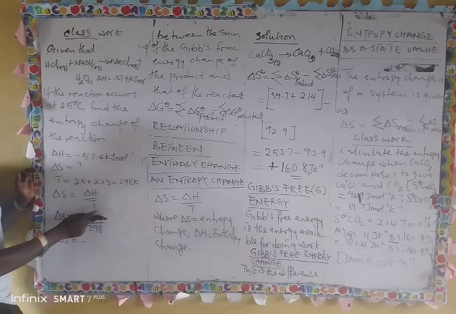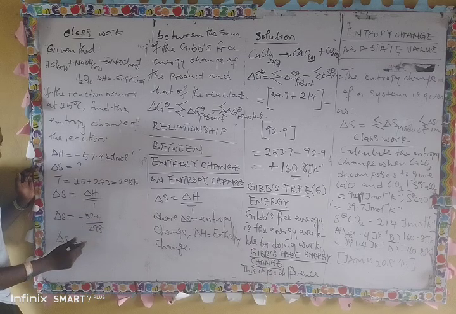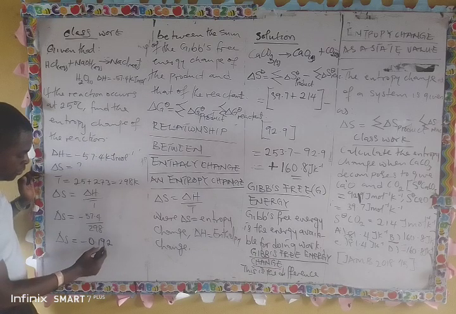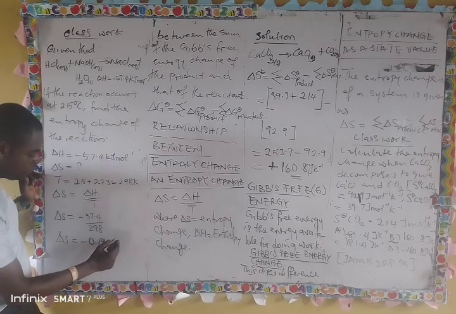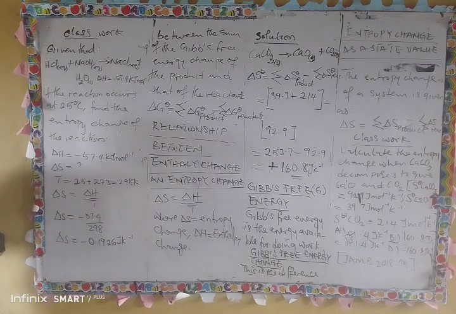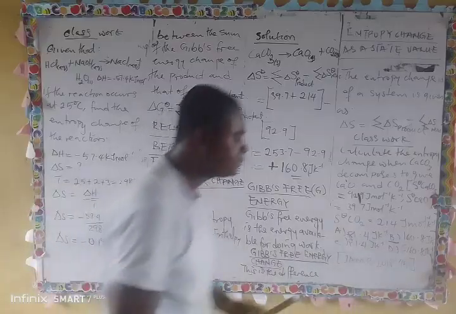When you have 57 divided by a bigger number, it is 0 point something. That is in joule per Kelvin. So that is that.